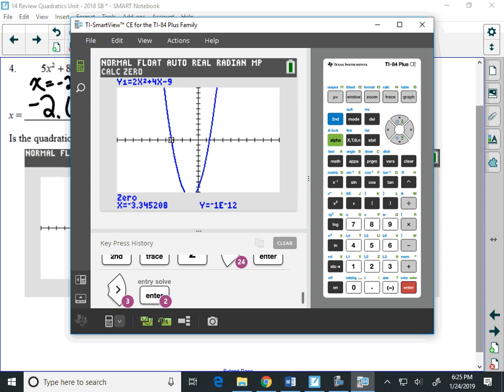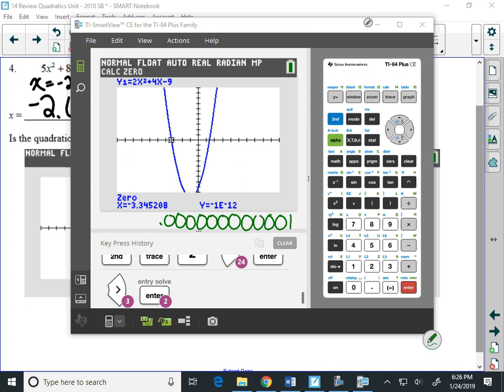We have -1e to the -12. All that means is 0.000000000, let me count: 1, 2, 3, 4, 5, 6, 7, 8, 9, 10, 11, 12. That number right there, which for all intents and purposes is 0.